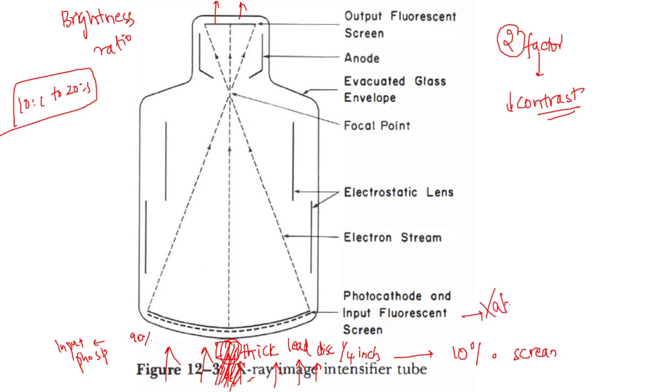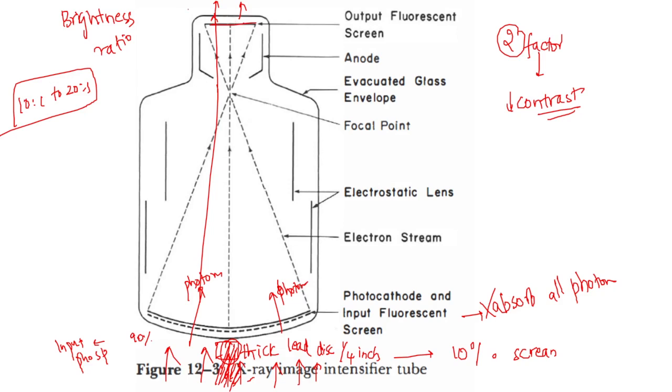A very small amount of photons are transmitted through the input fluorescent screen, and a few of these transmitted photons reach the output fluorescent screen and are absorbed there.